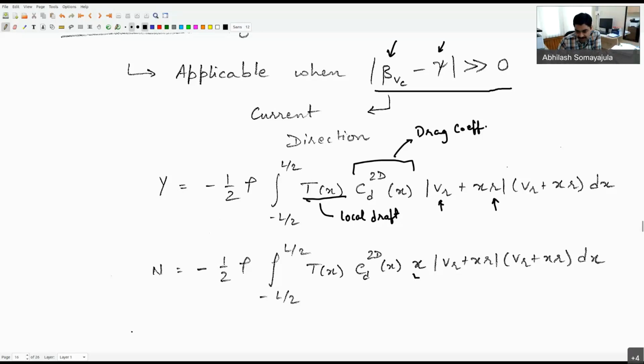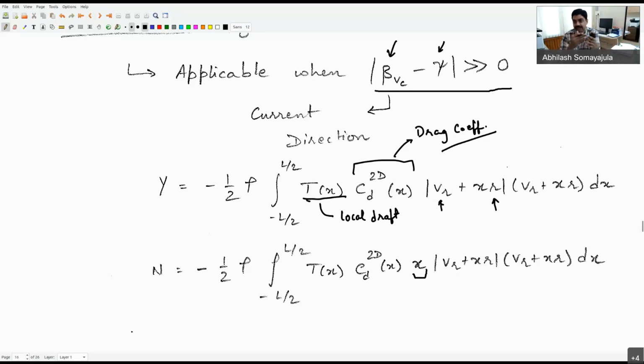The only thing is here I multiply by the distance x to convert it into a moment, and there is no other difference. So as long as I can find a way to calculate this 2D drag coefficient, I'll be in a good position to compute this Y and N.